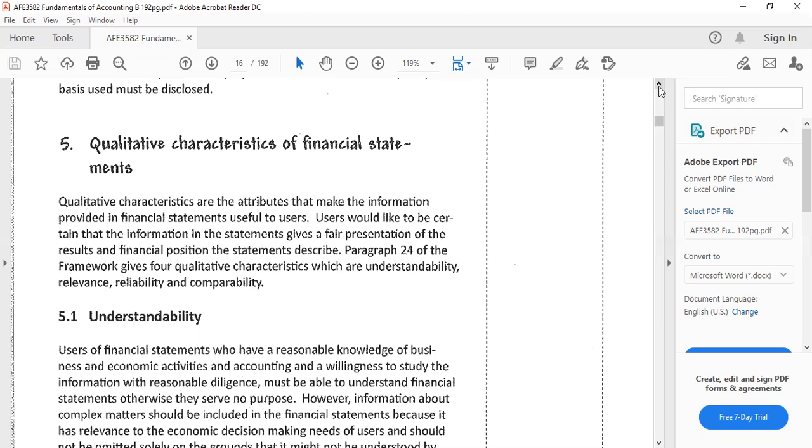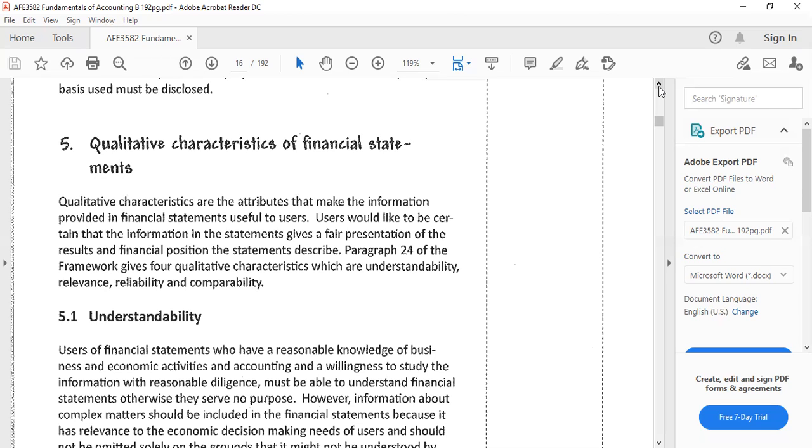So qualitative characteristics are the attributes that make information provided in the financial statements useful to users. Meaning that for the financial statements to be correct and very useful, they should have certain characteristics. They should be presented in a certain way.